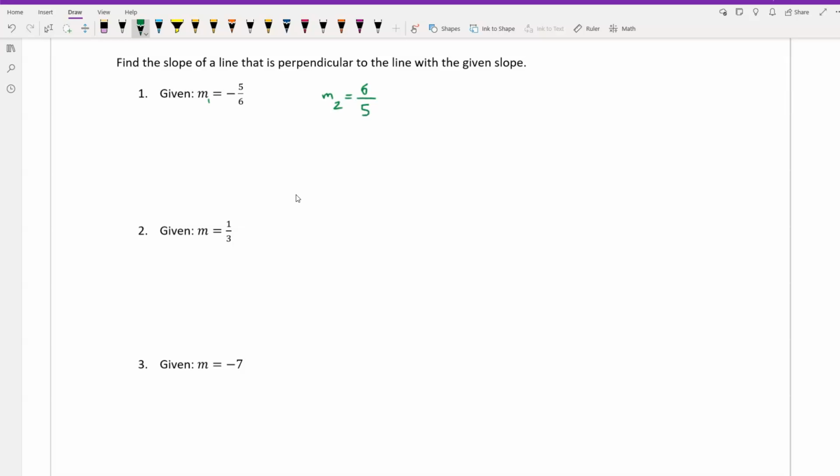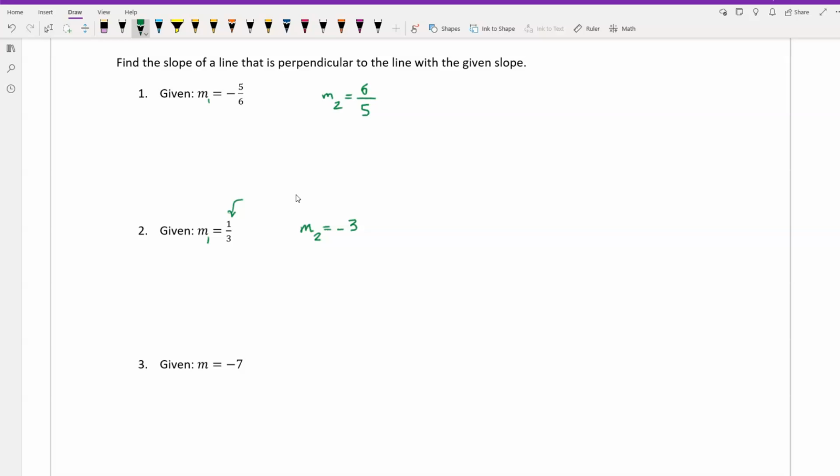Number 2, our slope is 1 over 3, so that's 1 and 1. For the second line, our slope will be opposite and reciprocal, so it's negative times the reciprocal of what we have here. That is 1 over 3, so we're going to have 3 over 1 or 3. So it's negative 3 over 1 or negative 3.